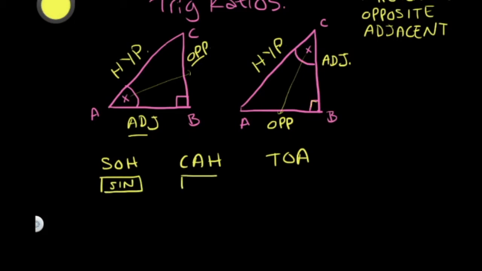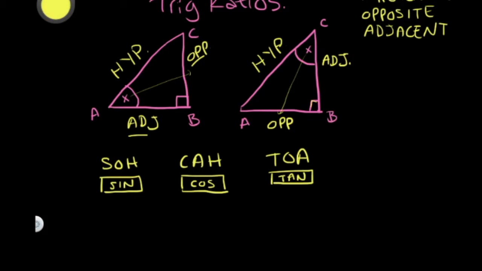You have the button that says cos, that stands for cosine, and you have a button that says tan, that stands for tangent.